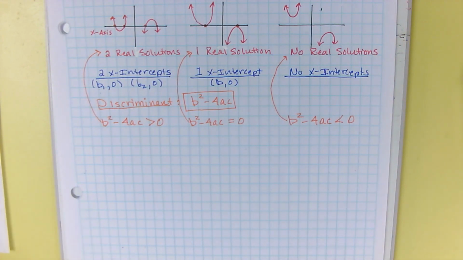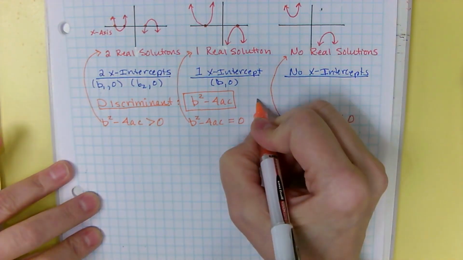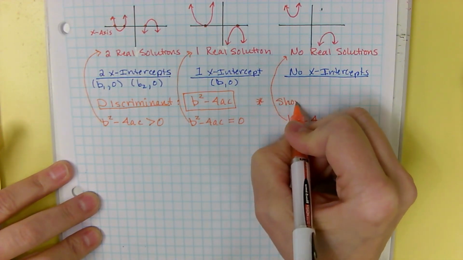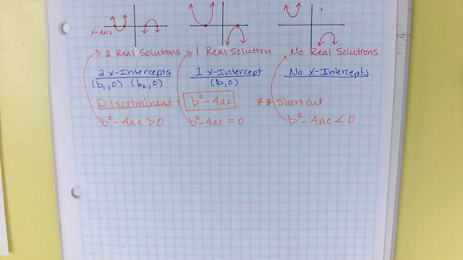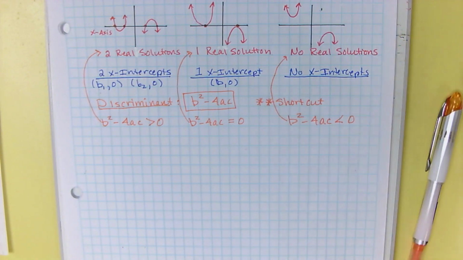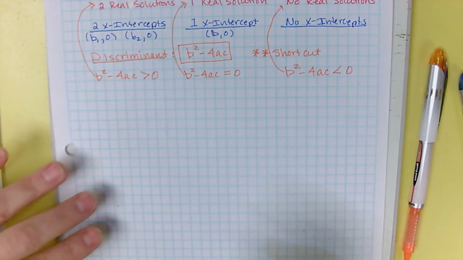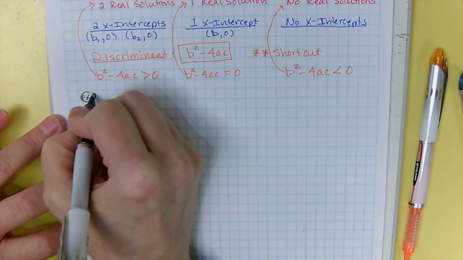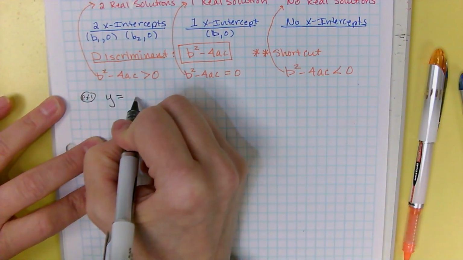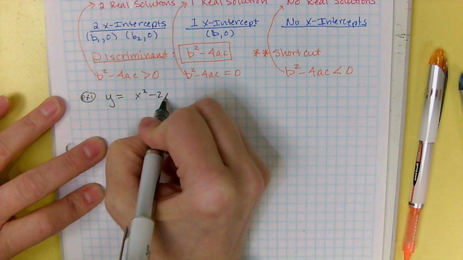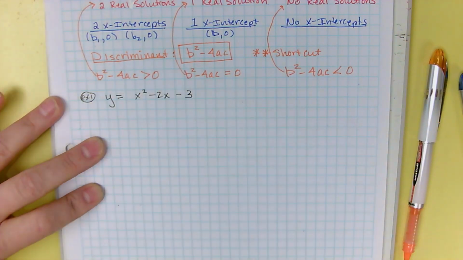So the discriminant is used primarily as a shortcut to figure out how many solutions there are and what type. That's the purpose of the discriminant. All right, let's practice using the discriminant. Let's say you've got y equals x squared minus 2x minus 3.